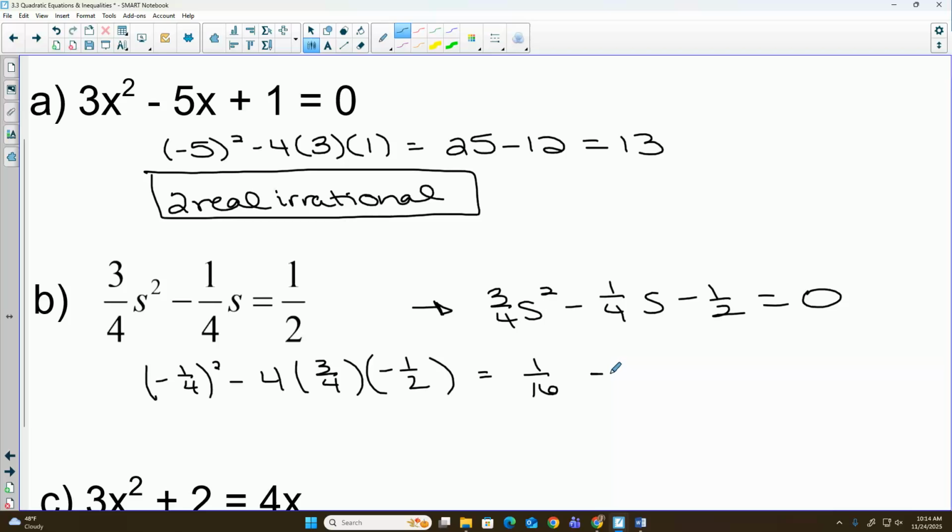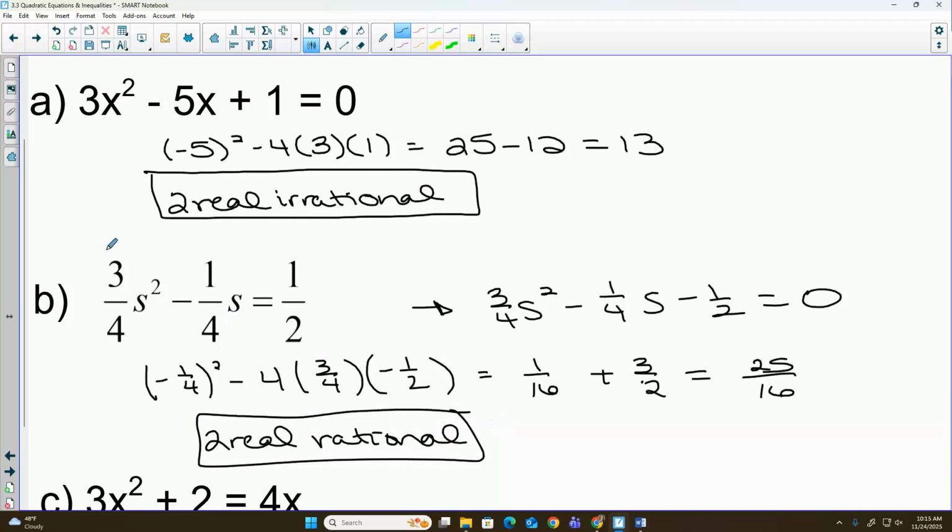This would give me plus 3/2, which is 25/16. So that's positive, so that means they would be real. Can you do the square root of 25/16? Yes, so that means it will be rational. The radical will go away altogether.